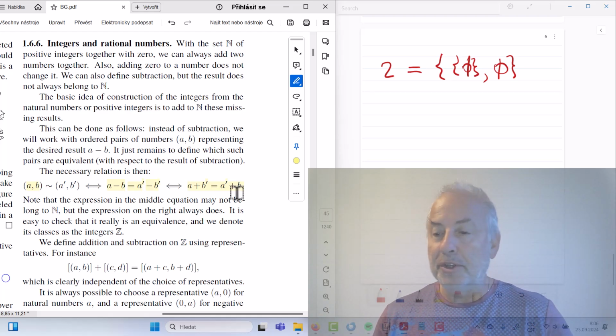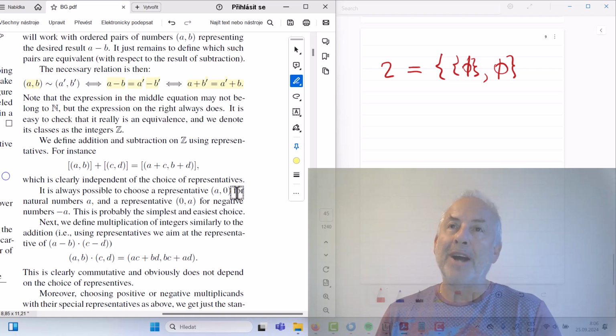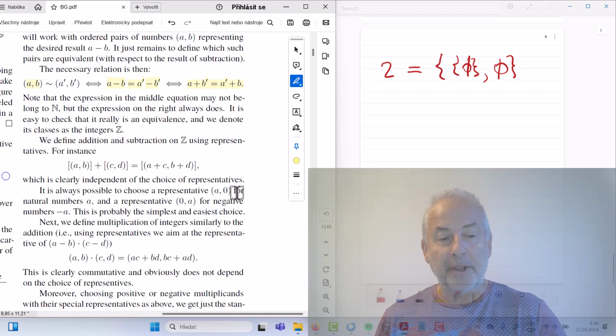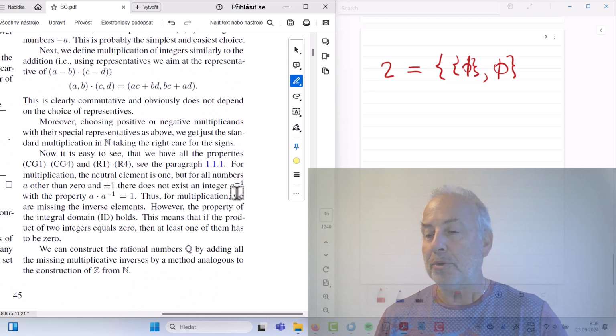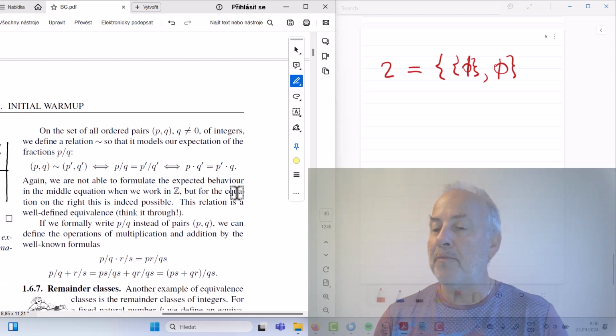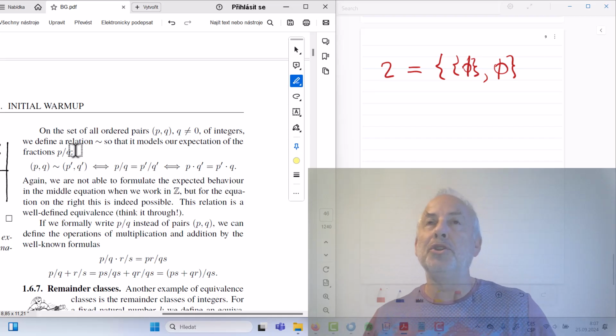And you can read through and see that this makes sense, and it also provides you with the only way to define the operations there, and all the properties will hold through. So it's not difficult to go through, and then we do exactly the same with the quotients, right? So if you deal with the integers, how to construct the rationals?